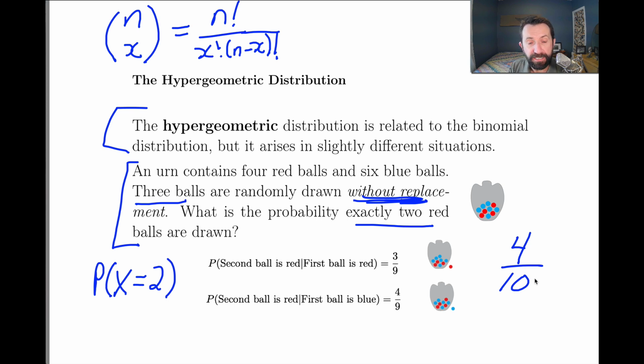We do not have that here, and it's a dependence in a very specific way. We are drawing from a source that contains, in this particular situation, 4 red balls and 6 blue balls. But it will be analogous to this in general, drawing from a source that contains some successes and some failures.